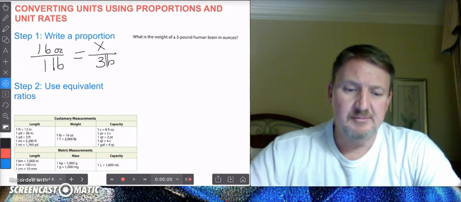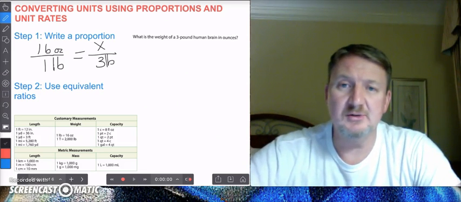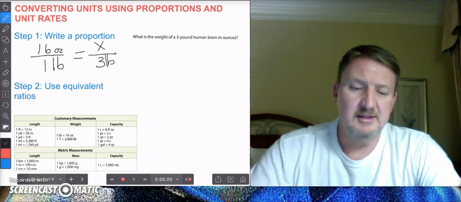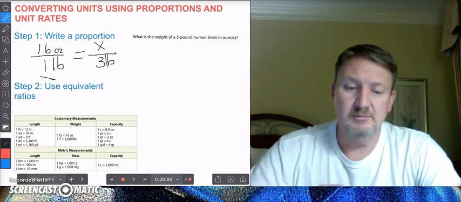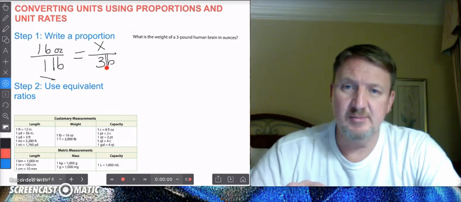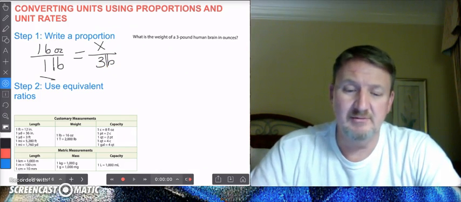So the next step says to use equivalent ratios. Basically what that means, and we've been doing this in class already, is you can look at this bottom number here, or whatever number you have, and say, okay, what did I do to this 1 pound to get to 3 pounds? It's going to be either one of two things. You're either going to multiply or you're going to divide.